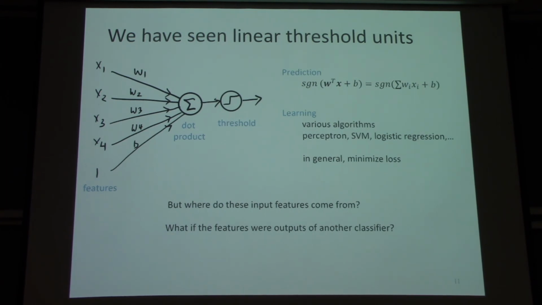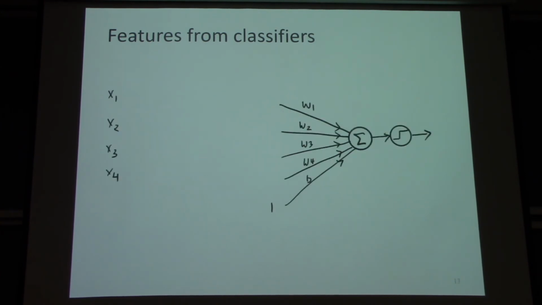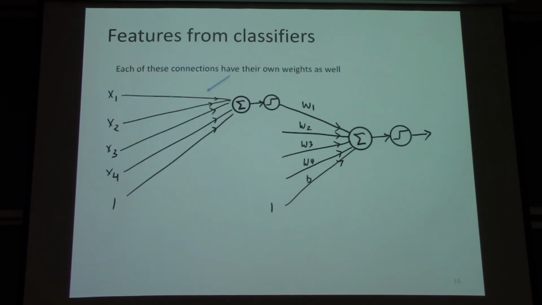So what I can do is, I have this one-layer neural network. That's what this is called. Let me separate out the prediction part from the features, from the inputs, and let's say the first feature is coming from a classifier. That classifier has its own weights, a different set of weights. It's not these W's, but it has a different set of weights.